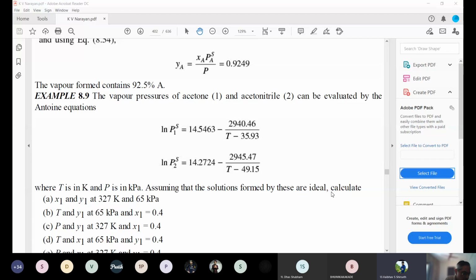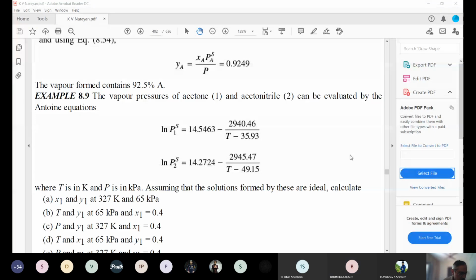The P1s is 79.3763 kilopascal and P2s is 36.4011 kilopascal. सबका हो गया क्या ये? Yes, sir. बराबर है, इतना आया आंसर 79.37.